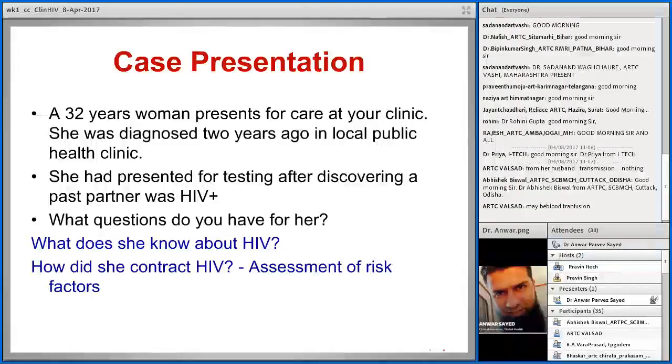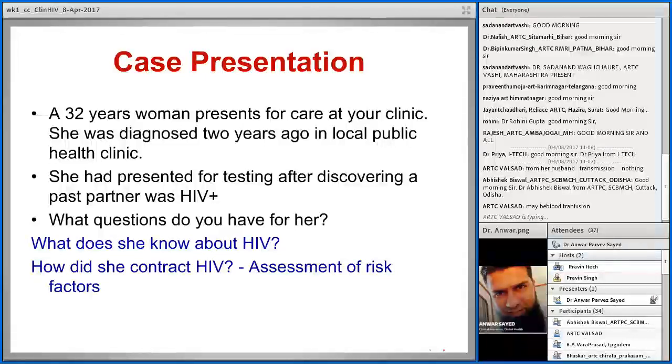But for assessment of risk factors, this is a very important question to be asked. So you should not be asking this question in terms of interrogating a person, that you want to know about the status and then forget about it.